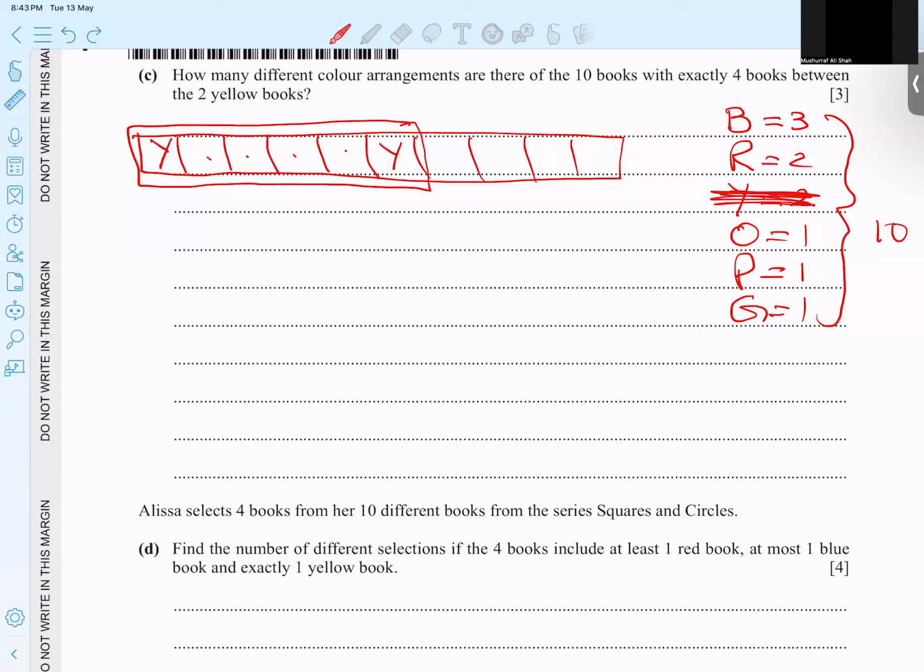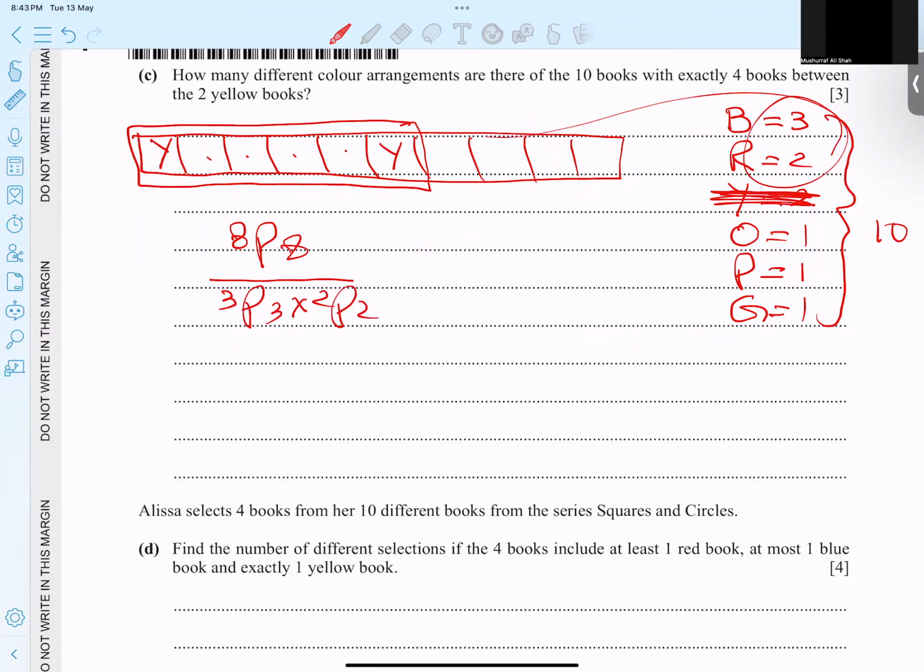So 8P8. Actually, all 8 can come inside and outside. I think the idea is very clear. And these two numbers, 3 and 2, are repeating. So I'm writing here 3P3, sorry, and 2P2. Why? Because they are repeating, and these are not repeating.